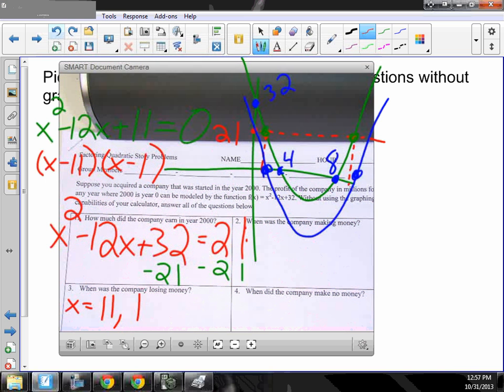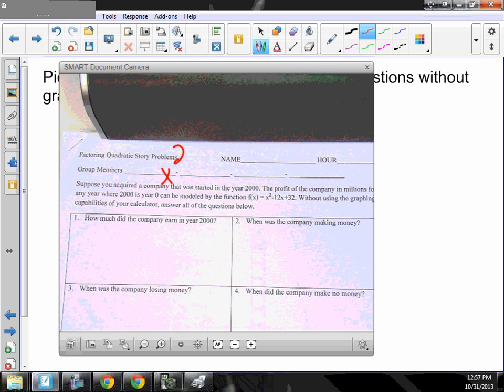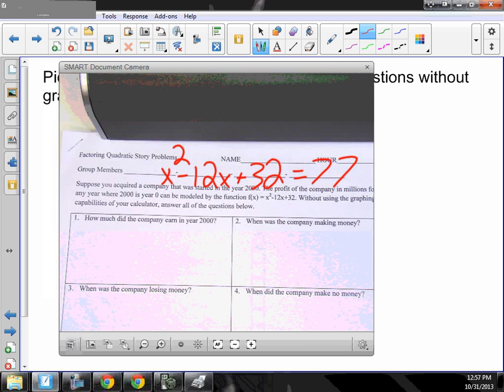On the next problem, number 10, change the 45 million to, say, 77 million. Because we already know the answer for 45. It was in a previous question. I'm just not very bright. So I want to know, when does x squared minus 12x plus 32 equal 77 million? How am I going to solve this?